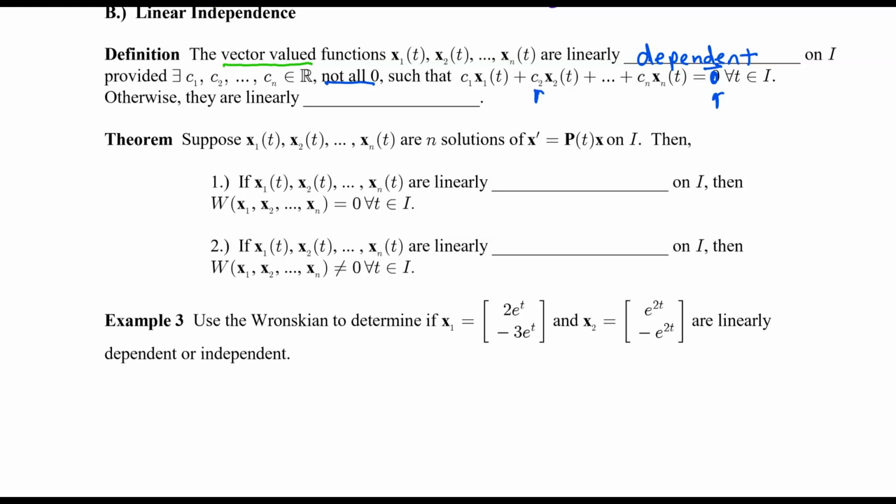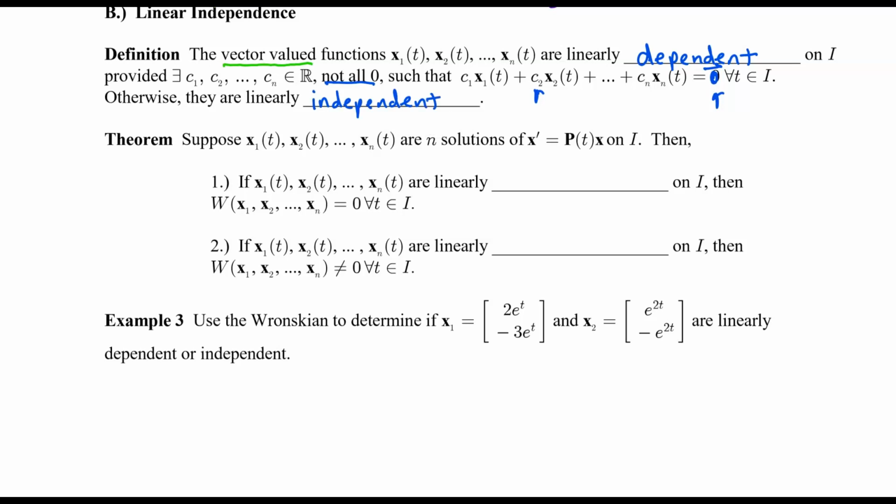One is a scalar multiple of the other, is another way to think about it. If one solution can be multiplied by a scalar to look exactly like another solution, then they are scalar multiples of each other or they are linearly dependent. Otherwise, if the only linear combination that produces the 0 vector is the trivial solution, that is all coefficients c sub i are 0, then they are linearly independent.